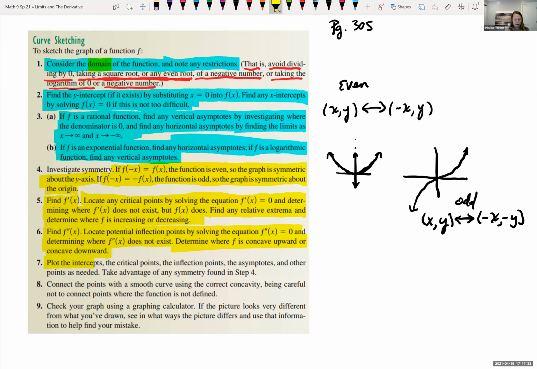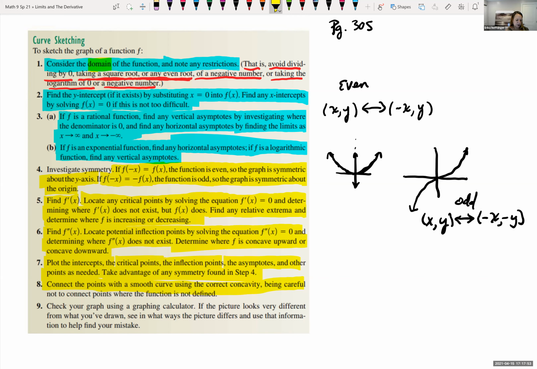We can then go through and plot our intercepts, our critical points, our inflection points, any asymptotes and points as needed, and take advantage of symmetry if we want. So once you've done that, you basically have all your points, you know basically what it's going to look like, and you can put it all together.